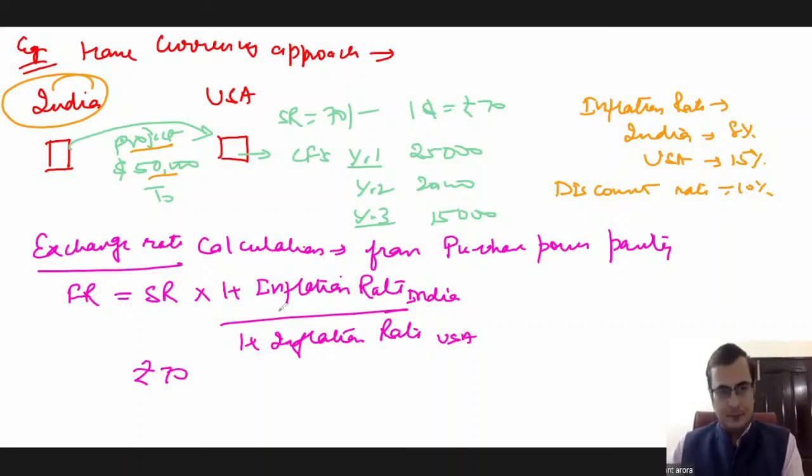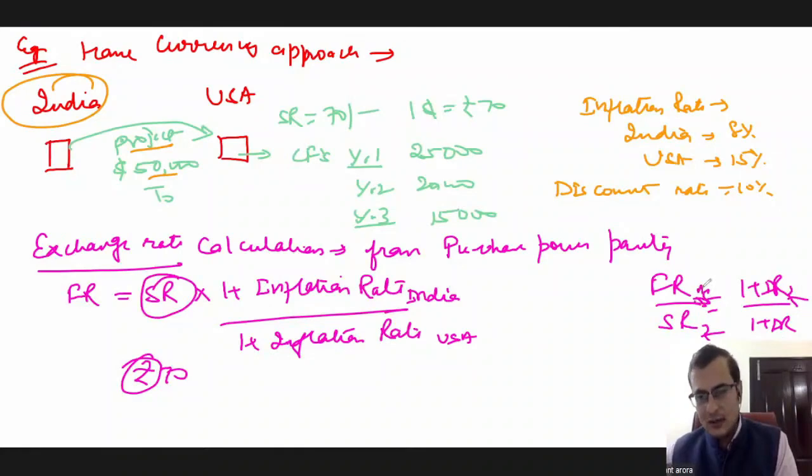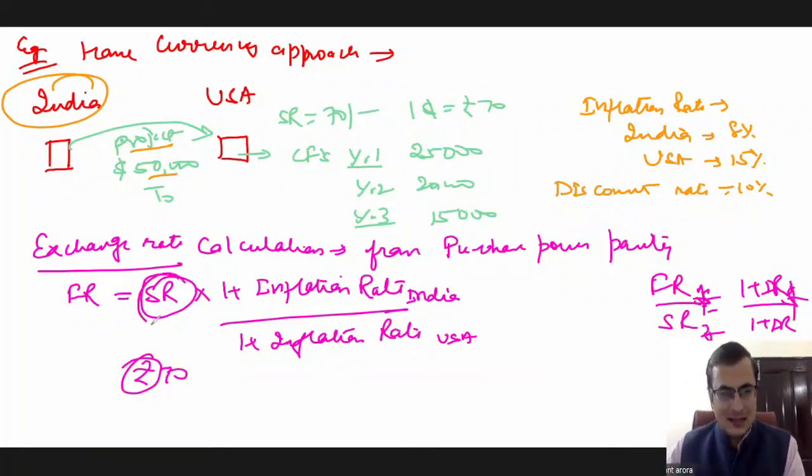I taught you that once you have this rate, FR by SR is equals to 1 plus interest rate upon 1 plus interest rate. If it is rupees, the rupees will come over. If it is dollar, then dollar will come over. It depends what is given to you in the exam. So if both the rates are given, you take any and the answer will be same. Okay, clear?